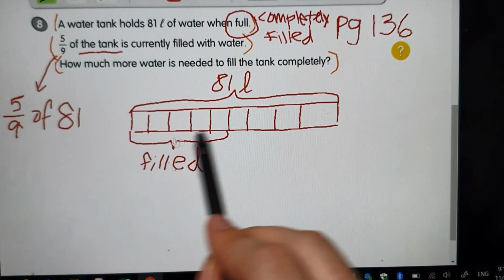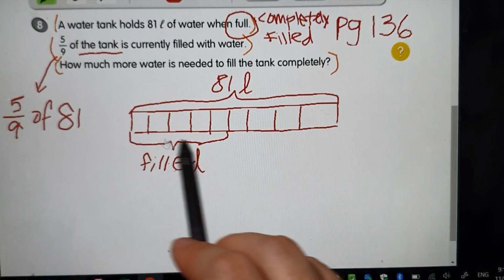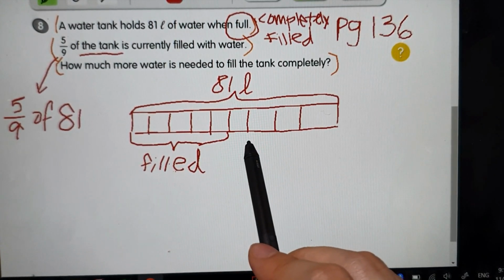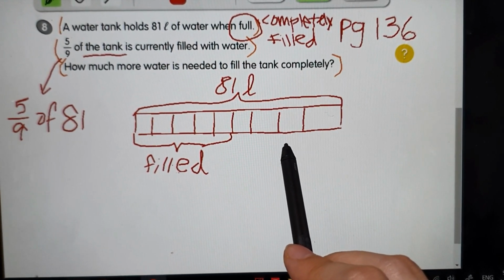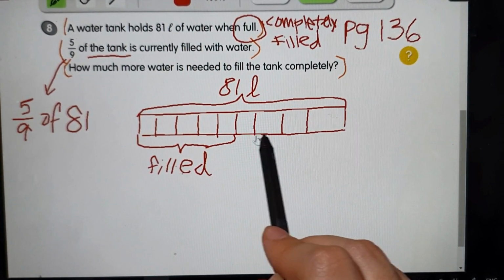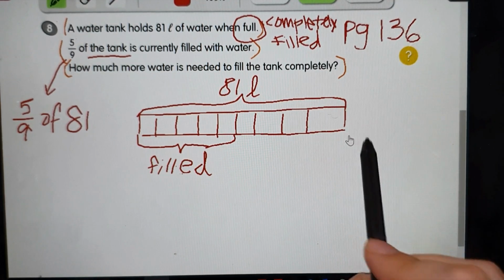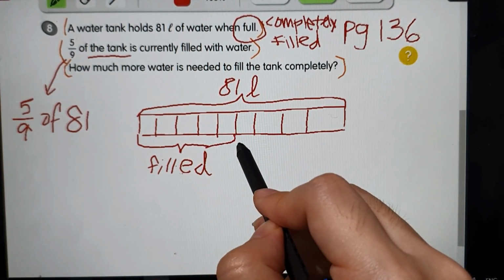So since this tank is made out of 9 units and 5 units are filled, how many units of water do you think we need to completely fill the tank? Yes, the remaining 4 units here would be what is required to fill up the tank completely.